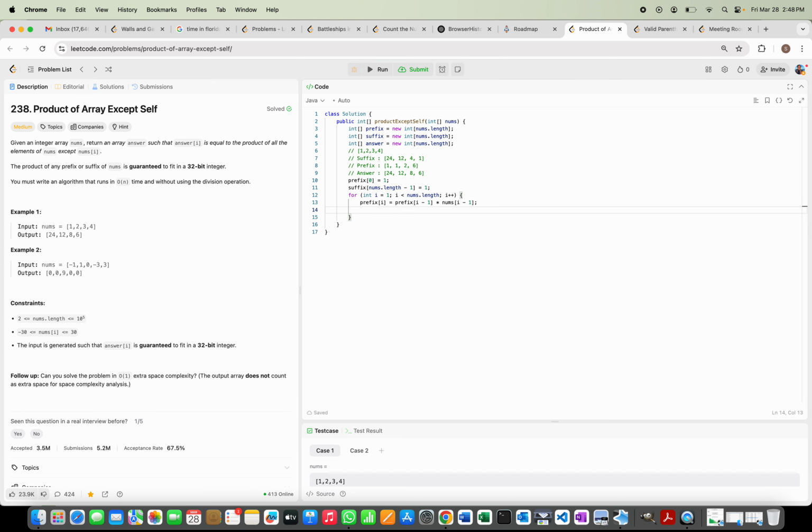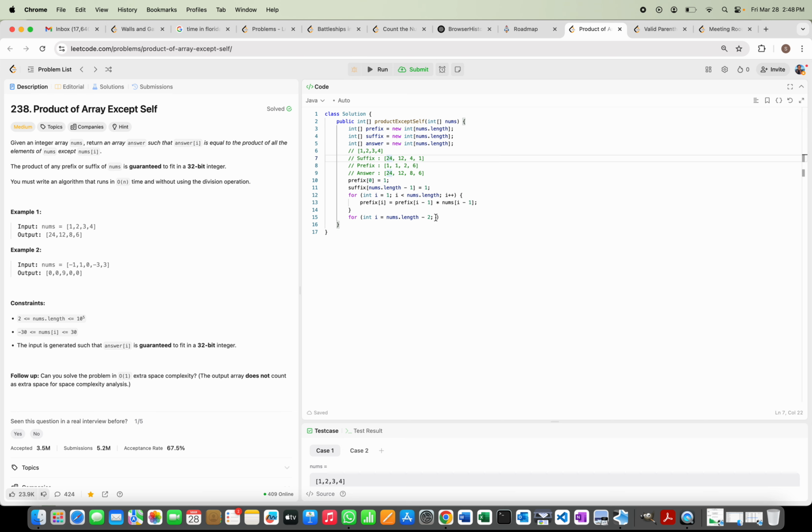And now we do for int i equals nums.length minus 1 minus 2, because we're starting from here. That's what we start from here and then fill up until here.